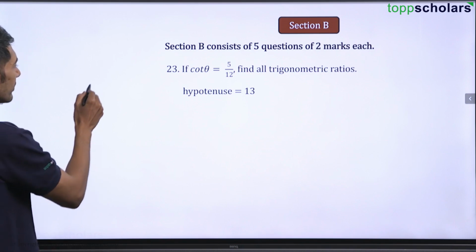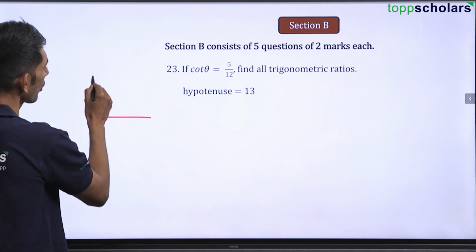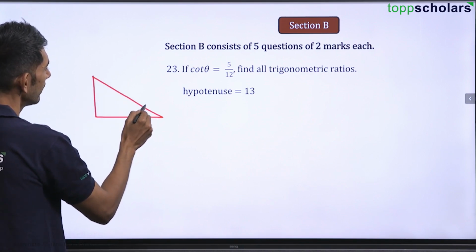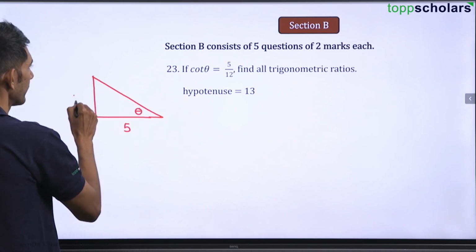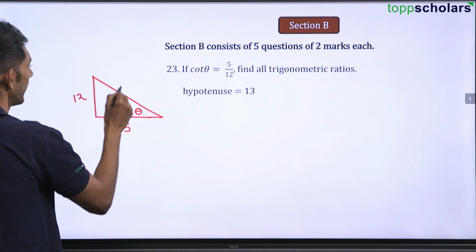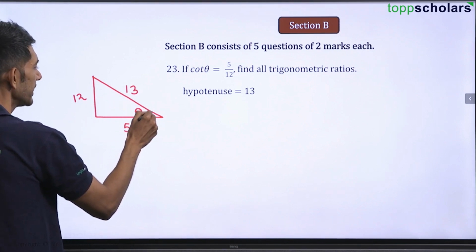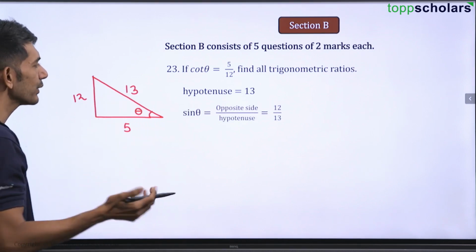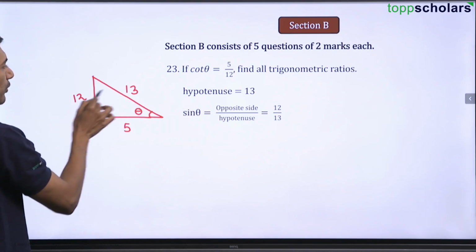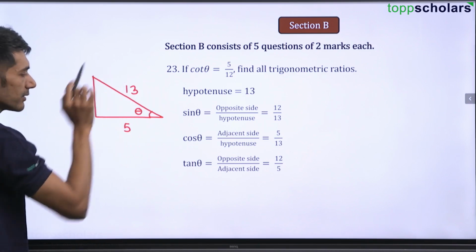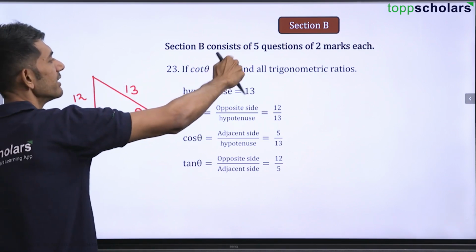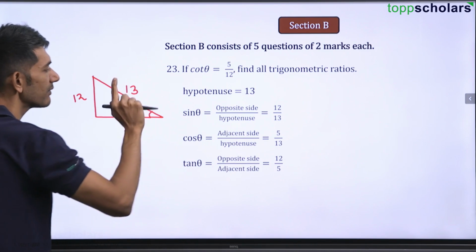So hypotenuse is 13. If I draw the figure again, this is theta, this is 5, this is 12 and this is 13. Now from theta's point of view, easily you can find out sine theta. Opposite by hypotenuse, 12 by 13. Cos is adjacent by hypotenuse, 5 by 13. Tan is anyways reciprocal of cot, directly 12 by 5.